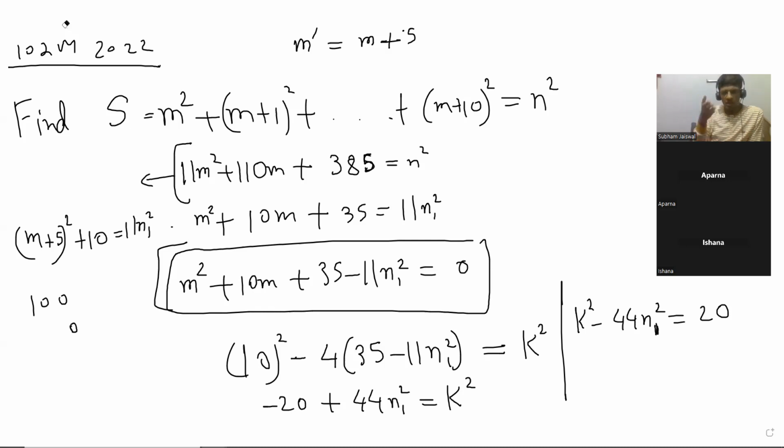I mean, there is one more way. This is what is called a Pell's equation. It's not exactly, but I suppose it can be done by the same method. But then all the solutions, this is a number theory question.